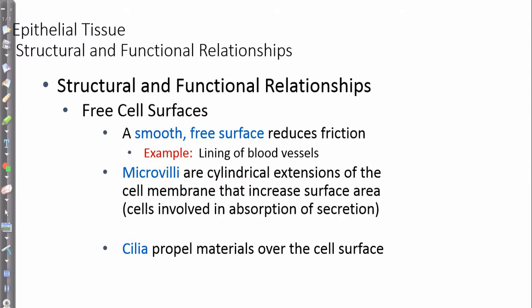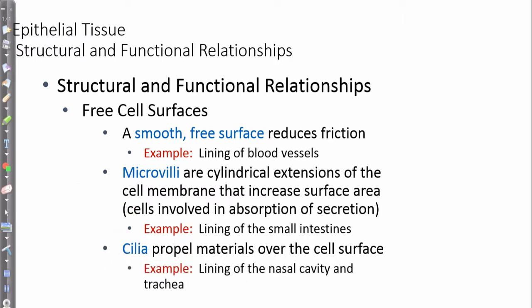That just makes sense. Microvilli are extensions from cell membranes, so in places where you want to have a lot of absorption capacity, you'd want to have those, like in the small intestines. Cilia are going to be really good for propelling or pushing things along a surface, and we're going to find these in places like the nasal cavity or trachea.